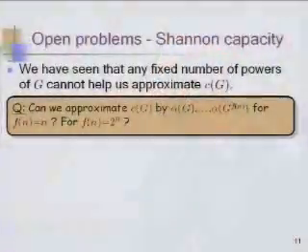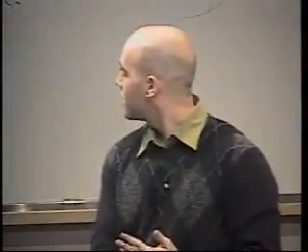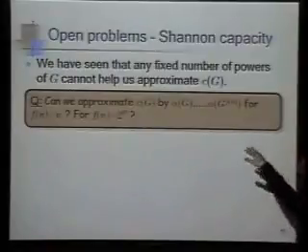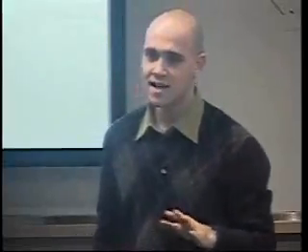So we've seen that any fixed number of powers can't help us approximate this capacity. And there's this partly ludicrous question. Suppose in this construction where we kept seeing these jumps, I didn't tell you that the number of vertices was exponential in all sorts of things, like in the product of these indices, and it was quite a big graph.